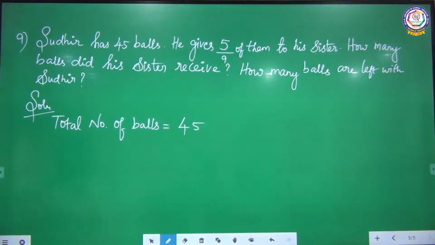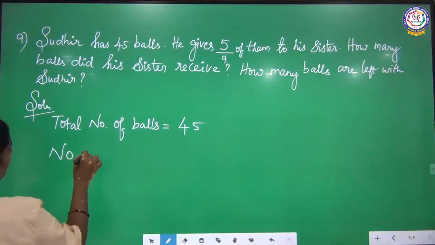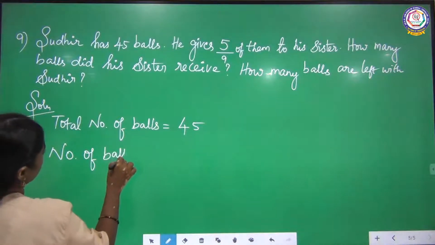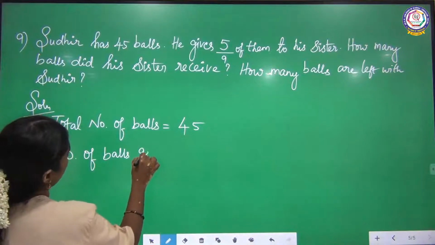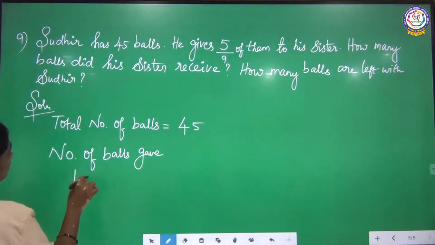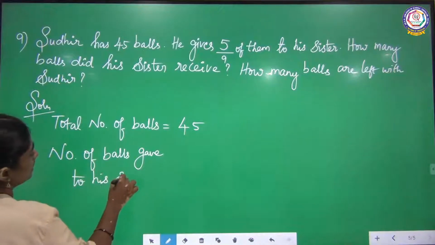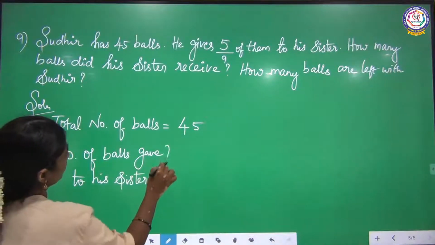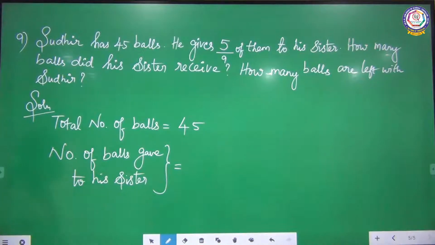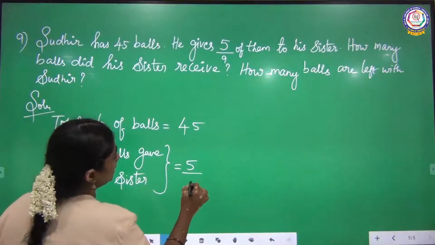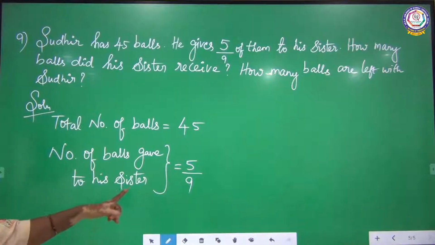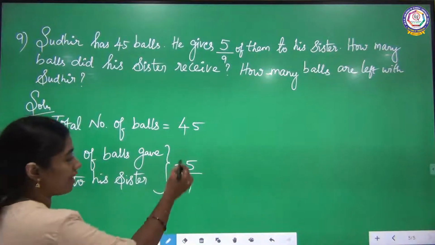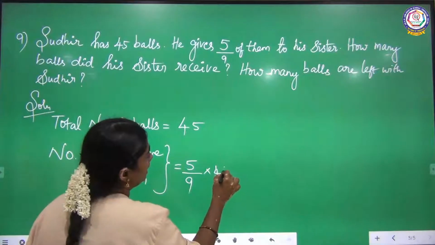Total number of balls is 45. Number of balls gave to his sister is given as a fraction, 5 by 9. See this 5 by 9 fraction, I am going to apply it to the total number of balls and find that fraction as a number.